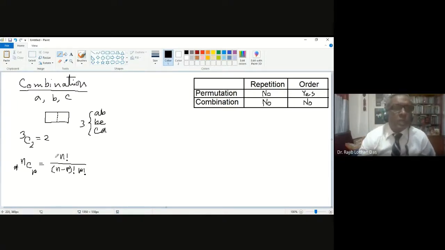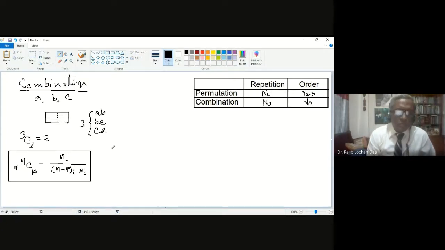So if you now want to find out 5C3, 4C1, 7C4, any number, you can find it by using this formula. So say it is 5C3 we want. So it will be factorial 5, and it will be 5 minus 3 factorial, and one extra factorial 3.